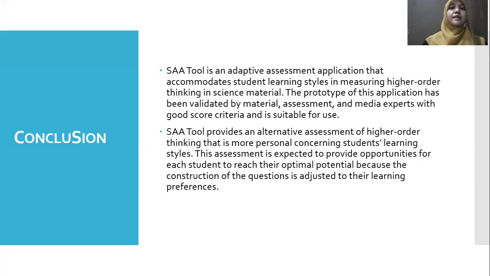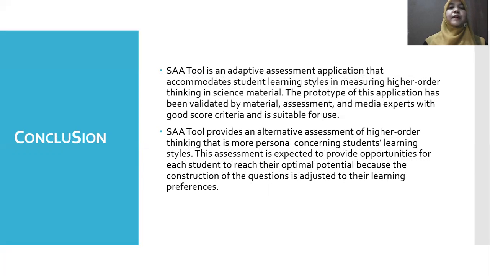Conclusion: the SAA tool is an adaptive assessment application that accommodates student learning style in measuring higher order thinking in science material. The prototype of this application has been validated by material assessment and media experts with good score criteria and is suitable for use.